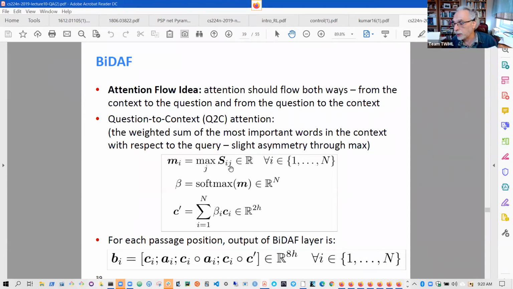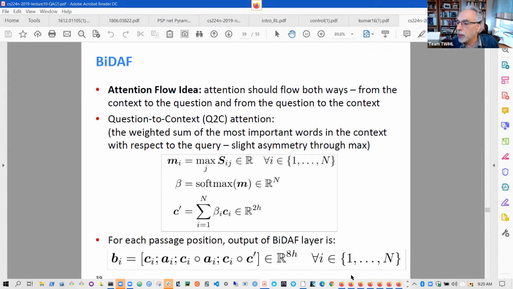Remember, j indexes the query words. We're looking for the one that has the maximum value, and that's going to be a real number, a scalar. But we're going to get one of those for each context word, so that's why we get a vector out of it. Does that make sense? For each context word, we're going to get a scalar when we do this.